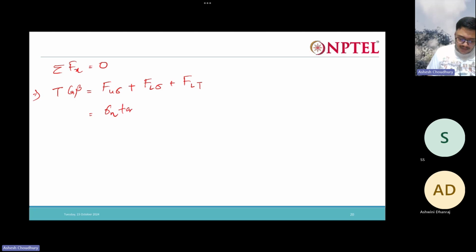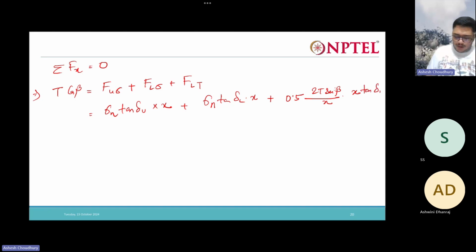Sigma n tan delta upper into x, plus sigma n into tan delta lower into x, plus the area of the triangle, half into twice T sine beta by x into x, tan delta lower.